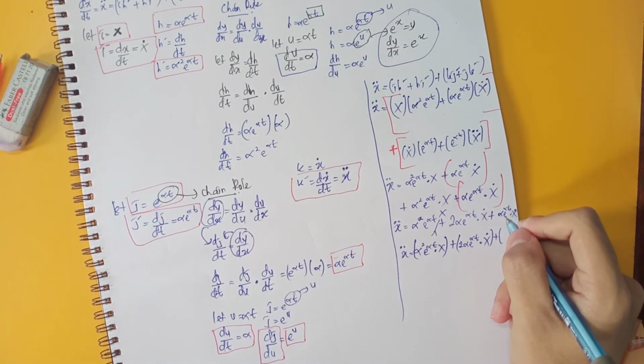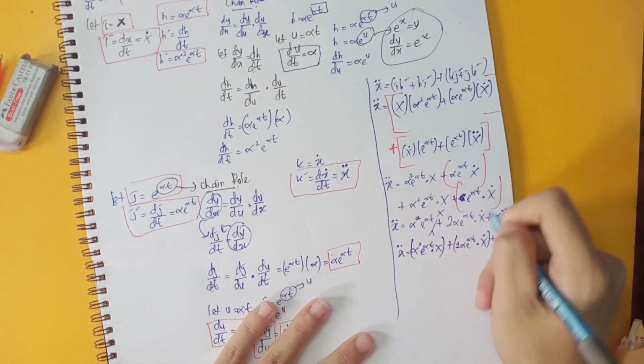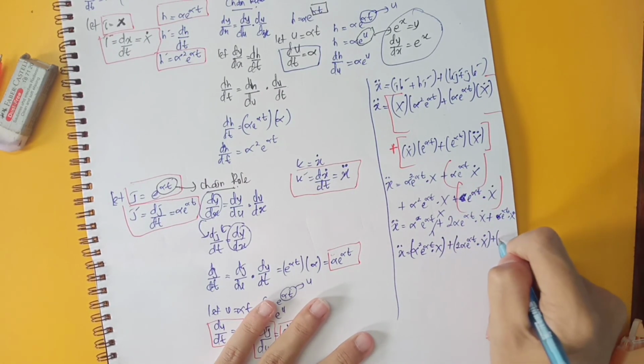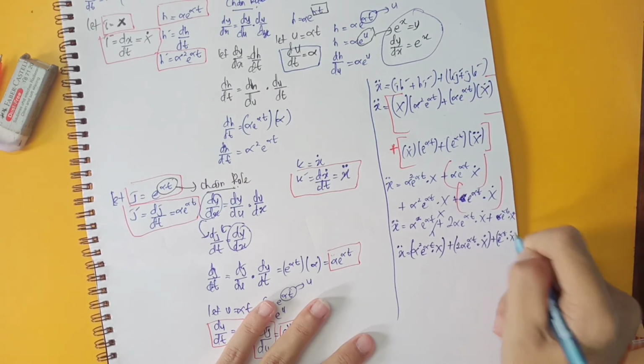Hold on, did I get it wrong here? Okay, so plus exponential power of alpha t times x single dot.